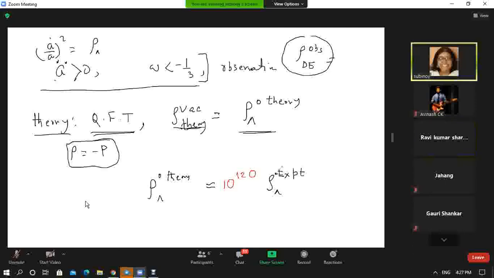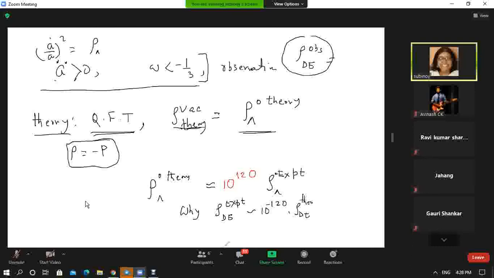I did not make a typo here. It is the biggest mismatch in the history of physics. The theoretical value of dark energy, which top Nobel laureate physicists calculated, they found it 10 to the power 120 times higher than the experimental value. So the question is why rho experiment dark energy is 10 to the power minus 120 times rho dark energy theory.